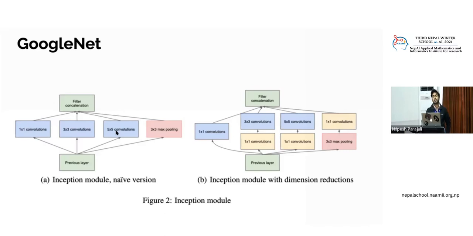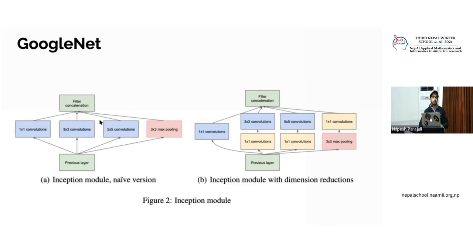The 5 by 5 convolution looks at a larger region, right? Maybe it will extract relevant features because it's looking at a slightly larger area. So essentially, this 1 by 1, 3 by 3, and 5 by 5 is trying to create features of different complexity and hierarchy in the same layer.